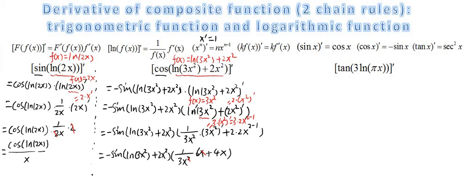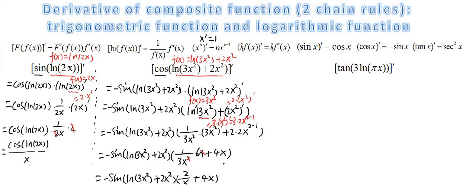Okay, now we can simplify it. Negative sine ln 3x squared plus 2x squared, we have 2 over x plus 4x.